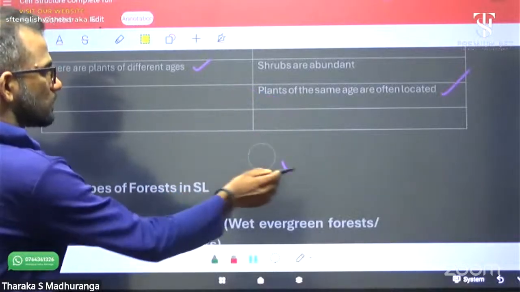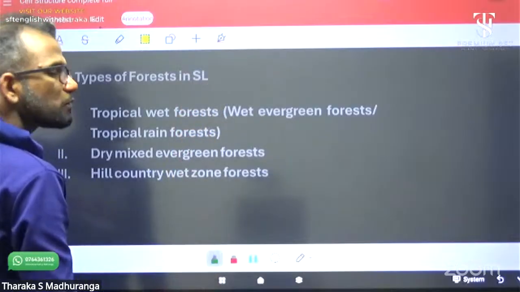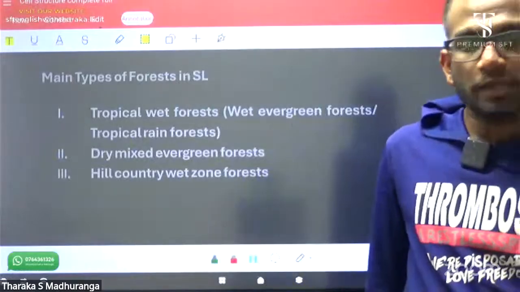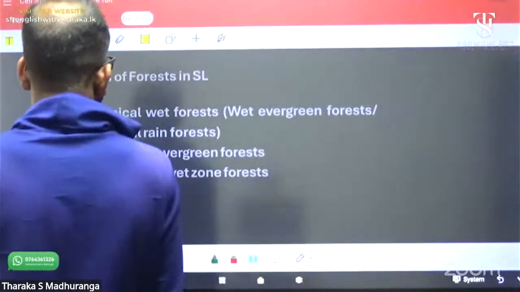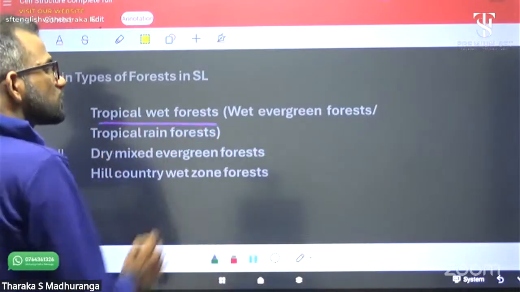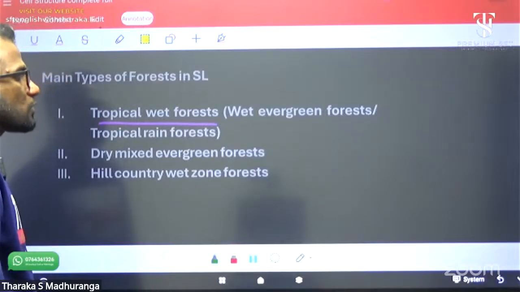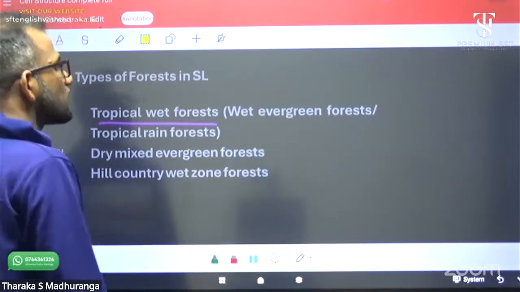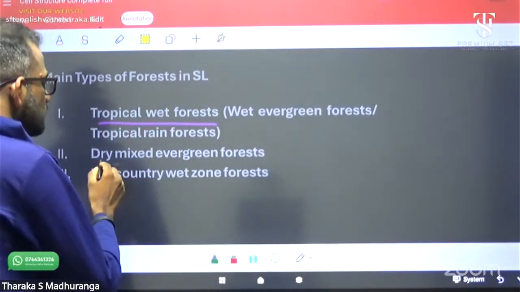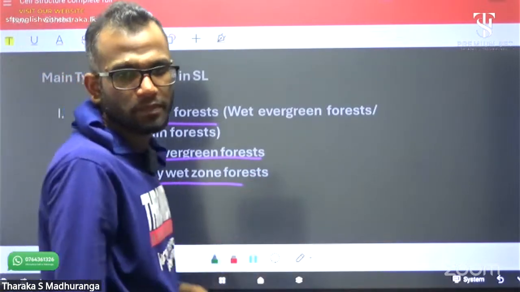Very simple. Okay, what are the main types of forest in Sri Lanka? In Sri Lanka, mainly three types of forest. The first one, tropical wet evergreen forest, dry mixed evergreen forest, and hill country wet zone forest.